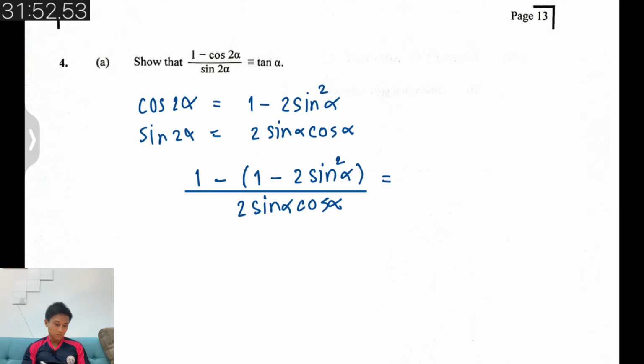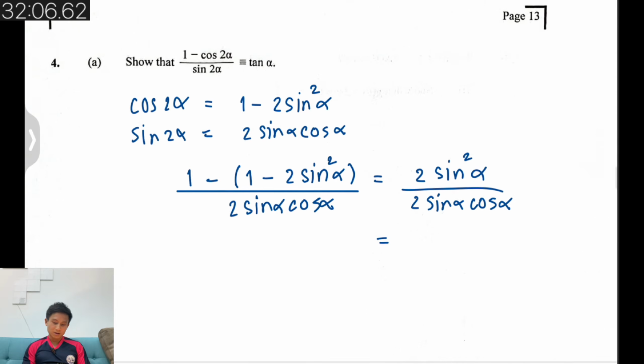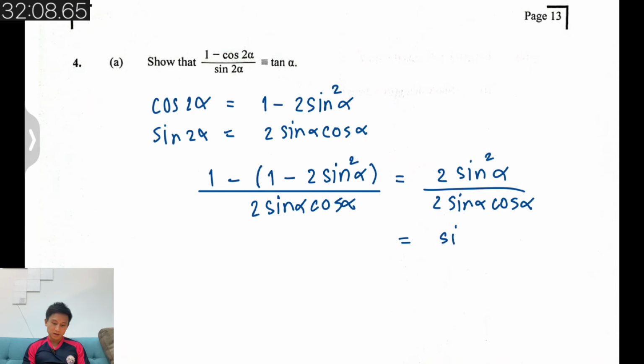So that's going to be equal to, well, 1 cancels with 1, we get a negative sign expanding in, we get plus 2 sine squared alpha, divided by 2 sine alpha cos alpha. The sine alpha cancels, and the 2 cancels, so on the top we only get sine alpha, on the bottom we get cos alpha, so that's going to be tan alpha. Which is equal to the right hand side, as required.